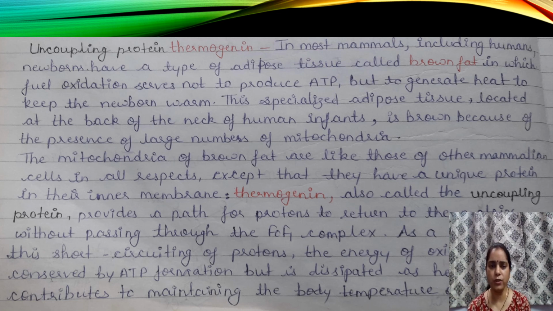This thermogenin protein provides a path for the protons to return to the matrix, that means without passing through the ATP synthase complex, and as a result of this short circuiting of protons, the energy of oxidation of substrate that would be conserved by ATP formation is instead dissipated as heat, and it contributes to maintaining body temperature. So these are the inhibitors of the electron transport chain, inhibitors of oxidative phosphorylation, and uncouplers of oxidative phosphorylation.